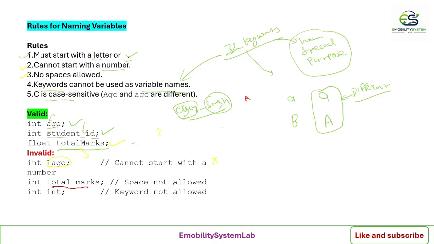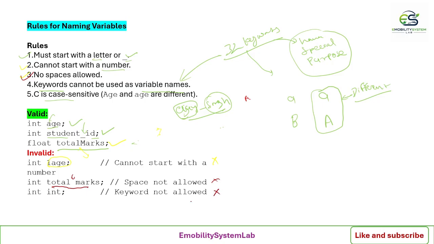Here you can see this one is also invalid, because a space is given between these two words. In rule number 3, no spaces should be allowed, but here we are using a space, so it is invalid. You cannot write these kinds of variables in your program.